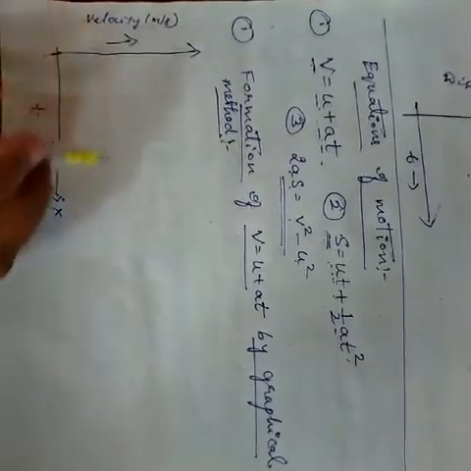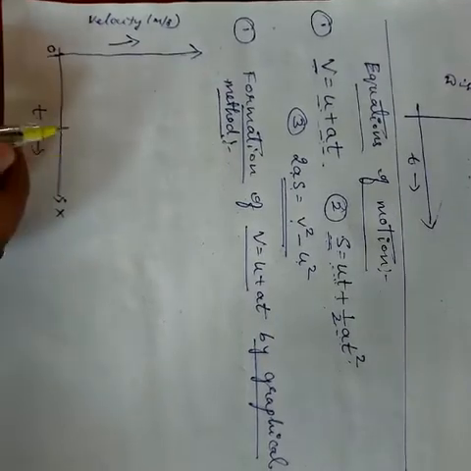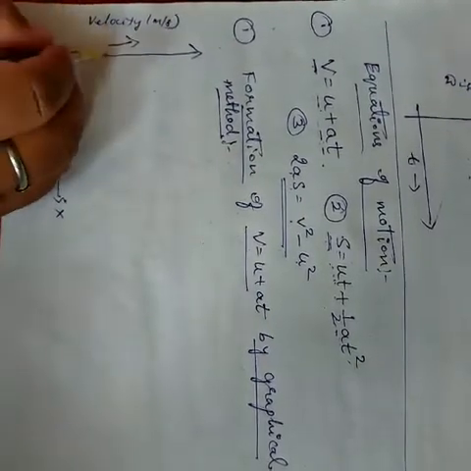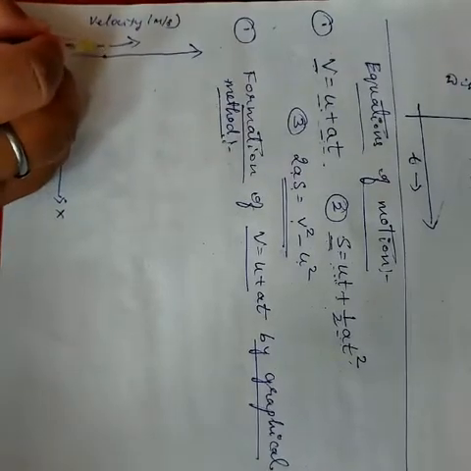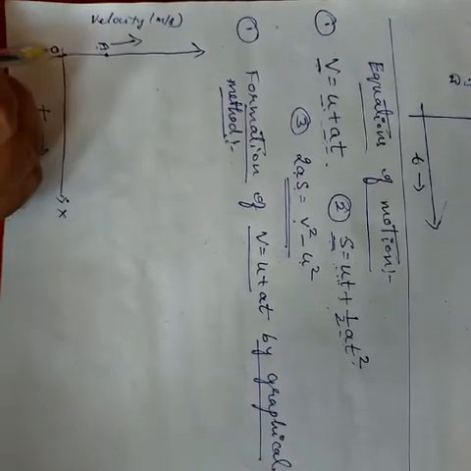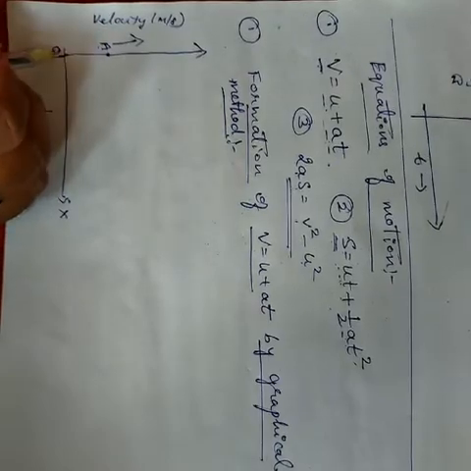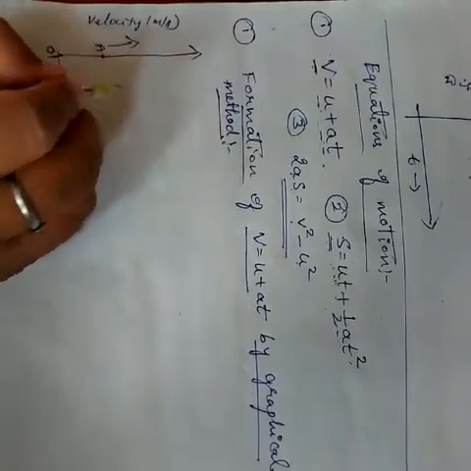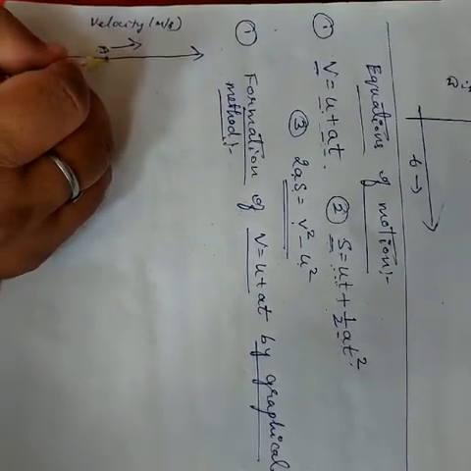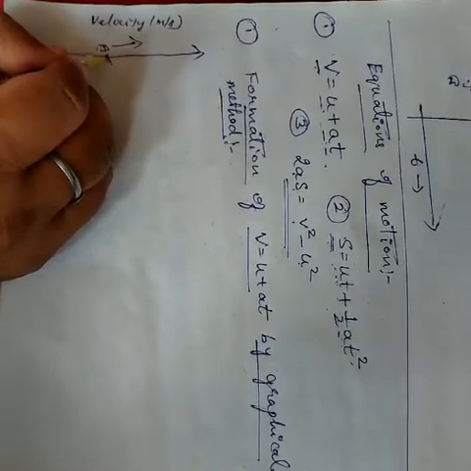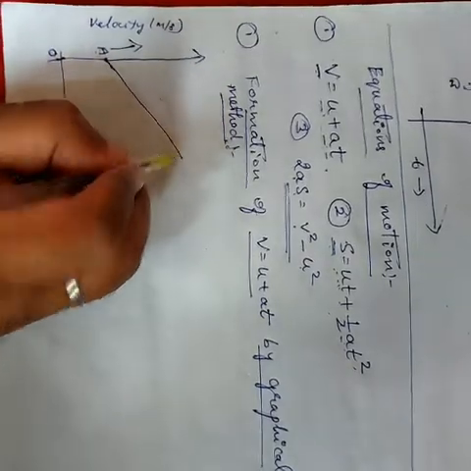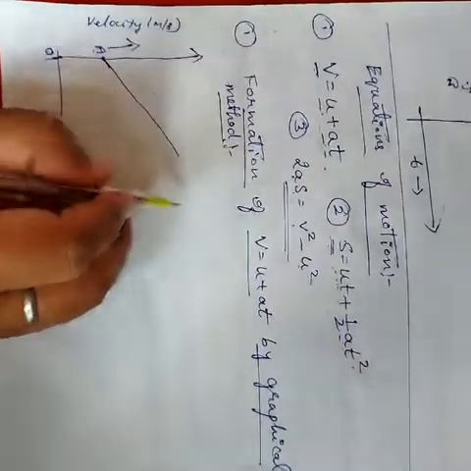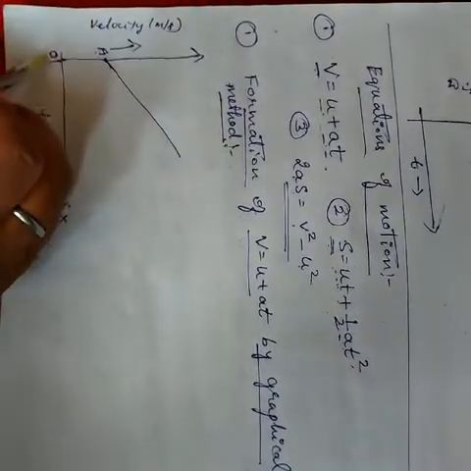Take point O, and from point O to A is the initial velocity, where the object is at rest. Considering point A, from O to A the object is stationary, and then again the object moves with a velocity from point A to point B. What is O to A?